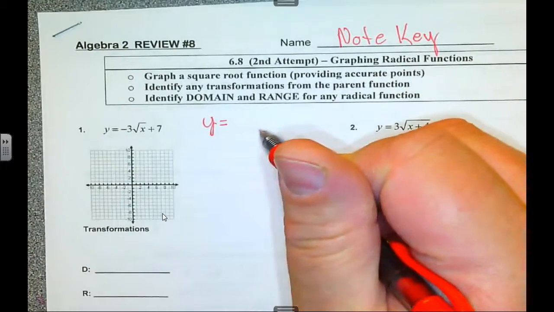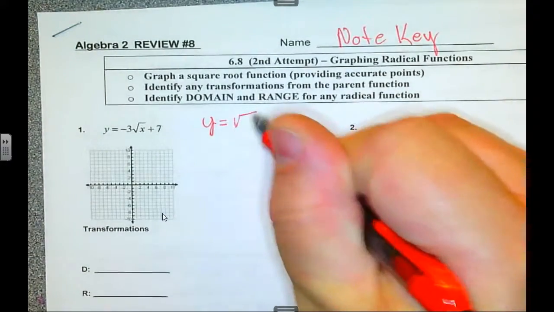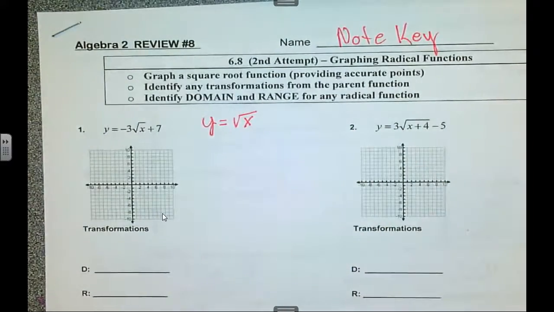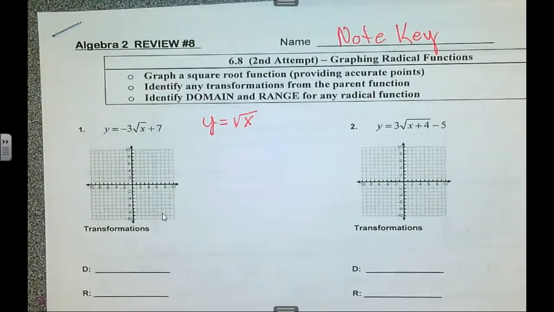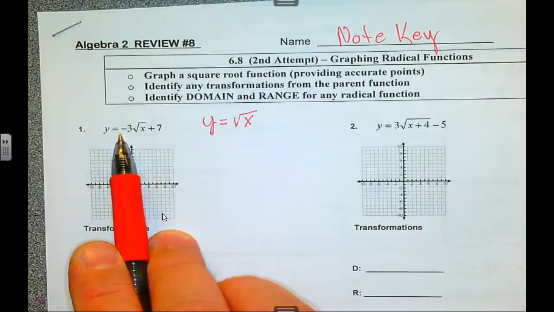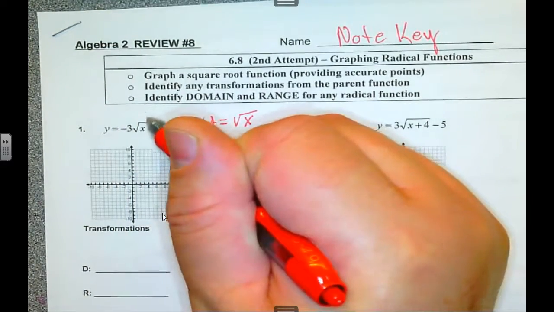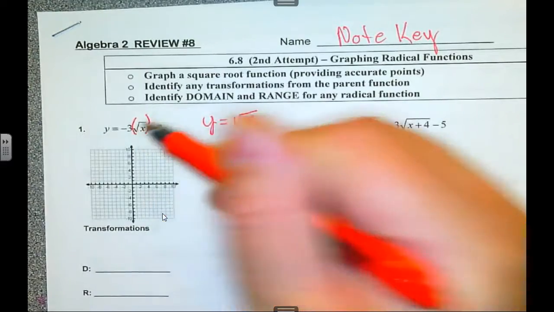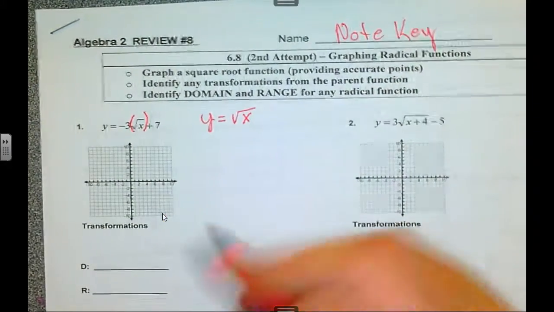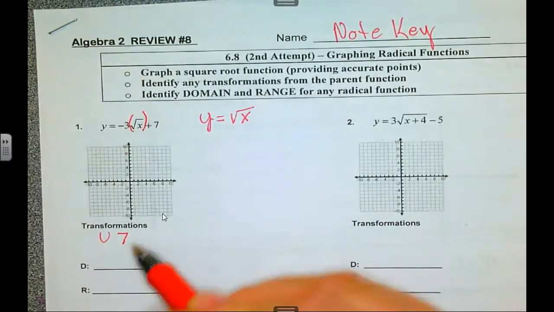So I'm comparing the transformations to the y equals square root of x. Now, what are my transformations here? Now, be careful that 7 is outside of my square root. So it's got to go up 7. What else?